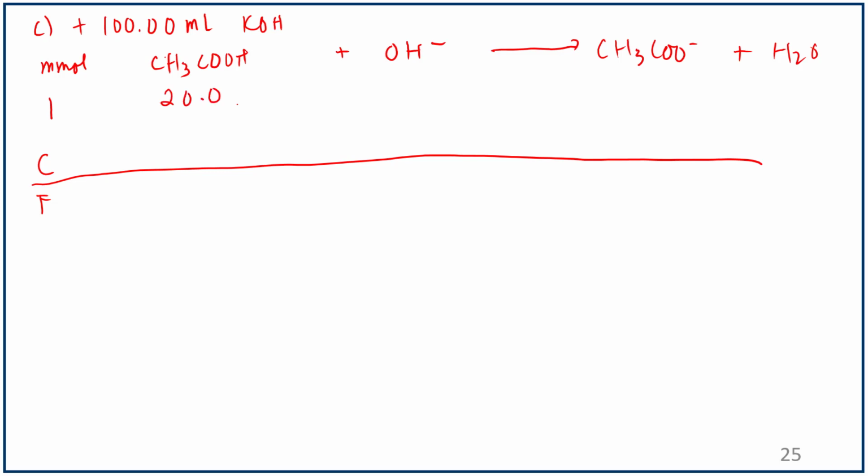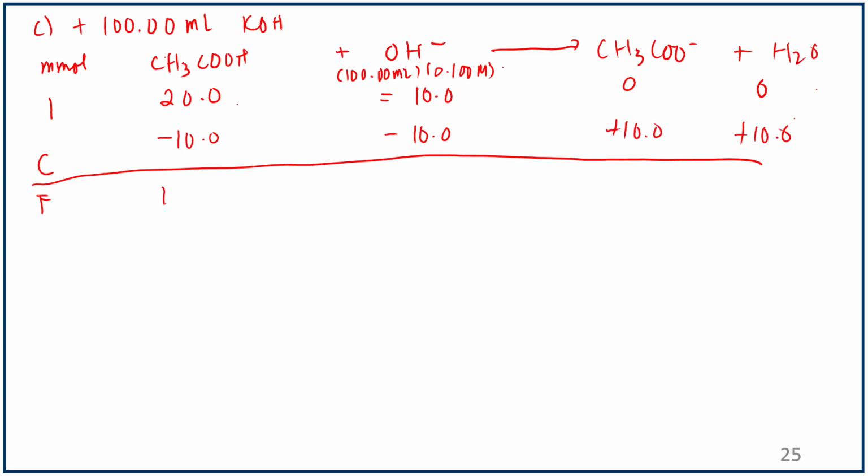The OH that we're adding here, the millimoles, will be 100.00 ml times 0.100 molar, which is equal to 10.0, and then this one will be 0, 0. Hydroxide is still the limiting reagent, so minus 10, minus 10, and then plus 10, plus 10.